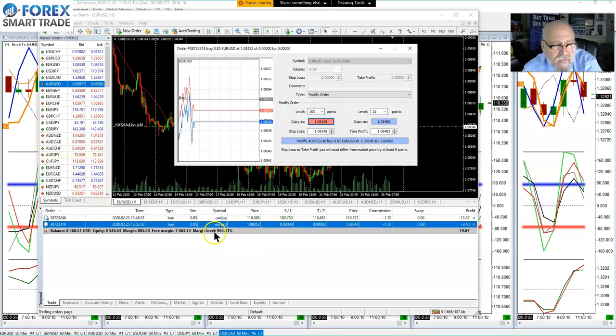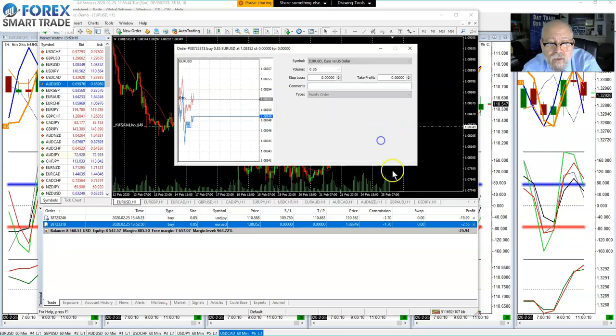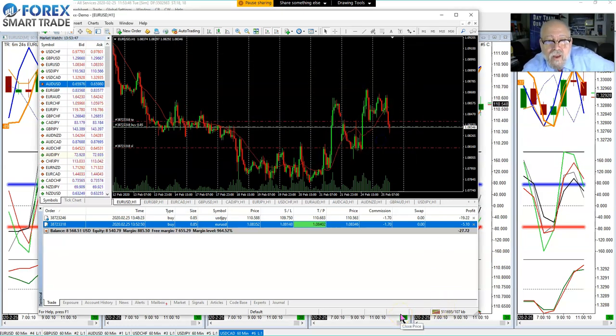And on the 5 pip trades, I actually like to just do the math and make sure that I've got the exact 5 pips. So if I got in at 0.0835, I'm going to go to 0.08402, and actually 0.402, that's exactly 5, so we're good. So there are our 2 trades for this morning.